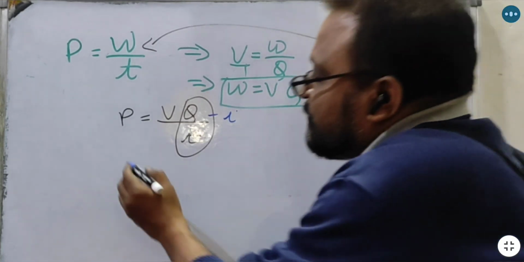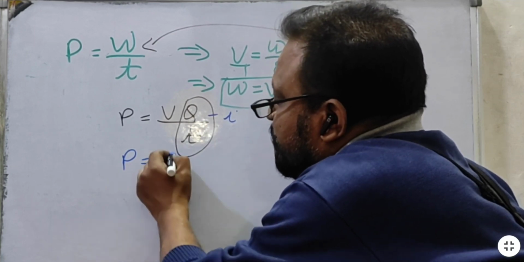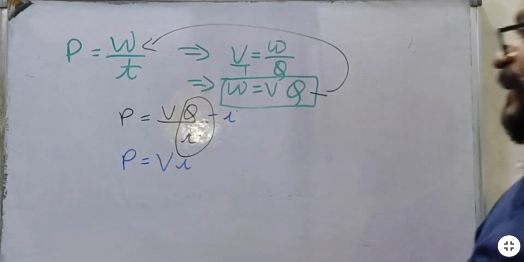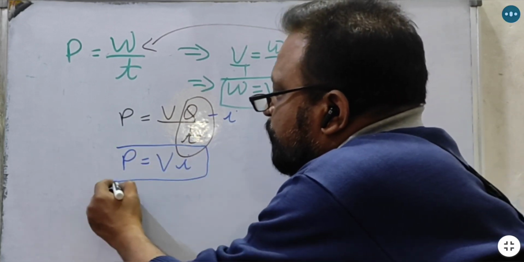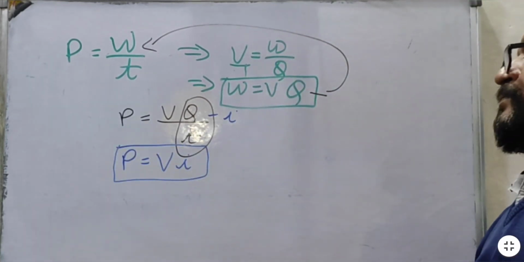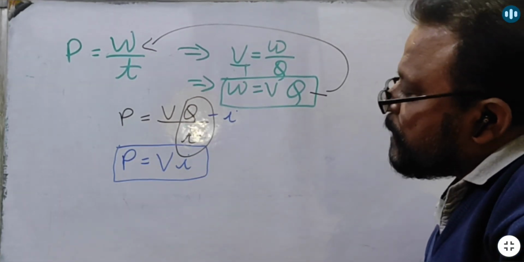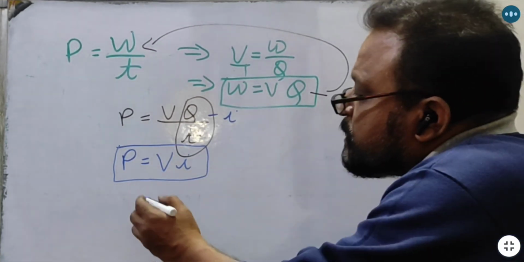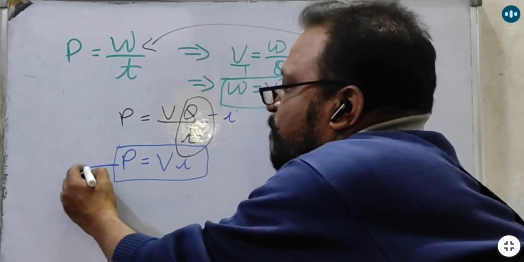Thank you for revising me. So P is equal to V into I. So the first concept is, power is potential difference into electric current. First formula is this, right?